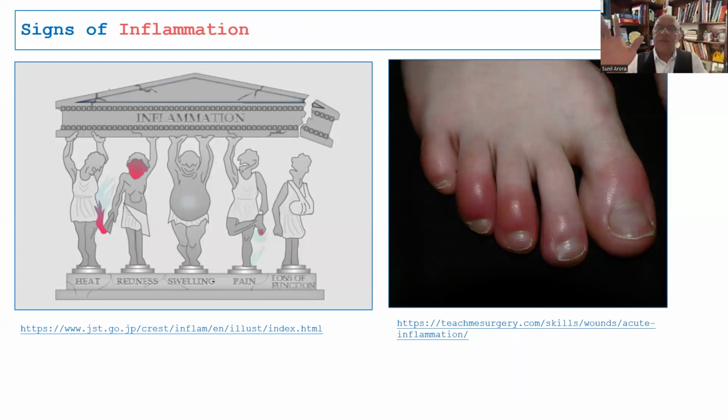So these five cardinal signs are very typical of the start of inflammation at the site of infection or injury, and this invariably is accompanied by fever. The fever is because of certain inflammatory cytokines like IL-1 beta, IL-6, and TNF-alpha. They dysregulate the temperature regulator in our brain and cause this increase in fever.